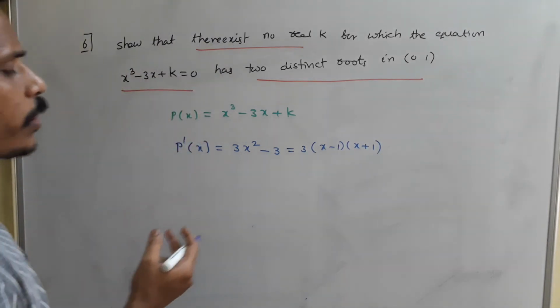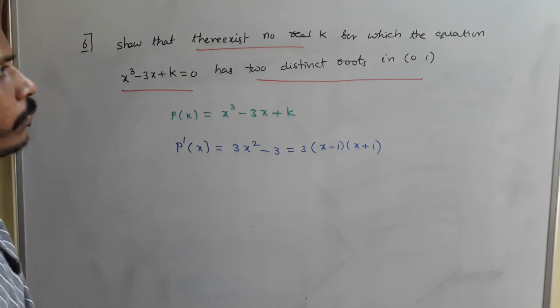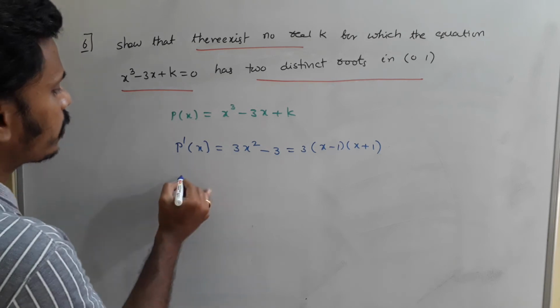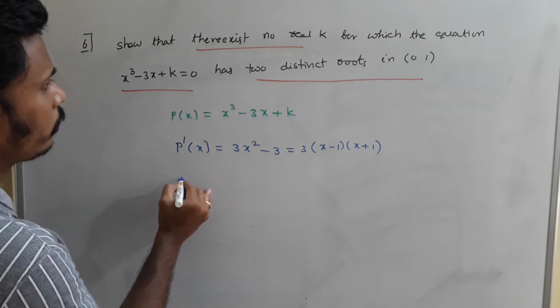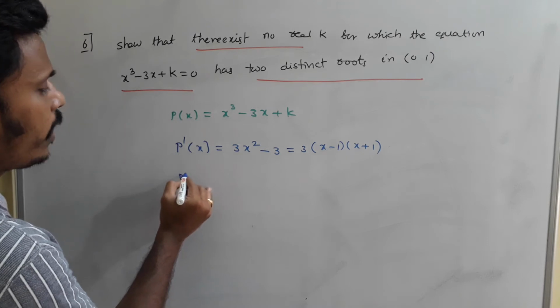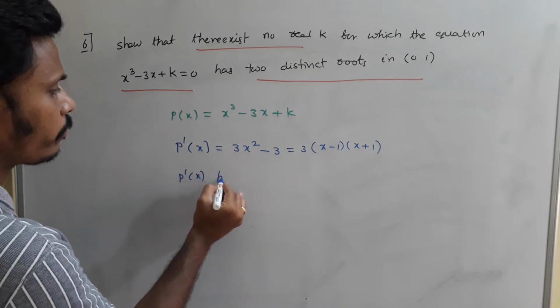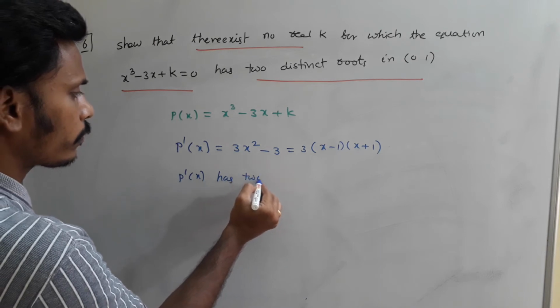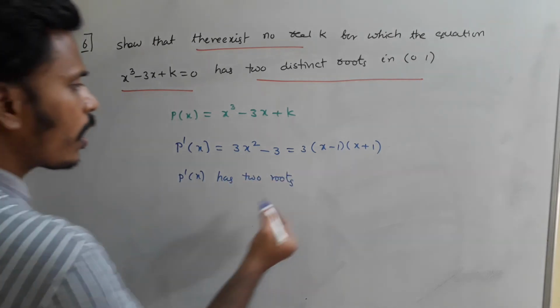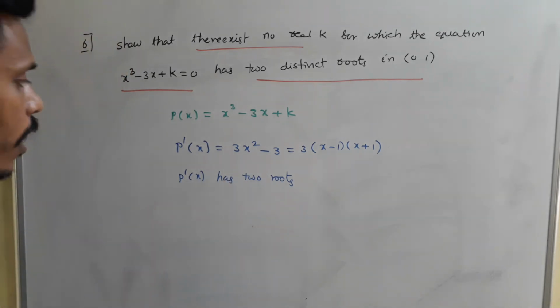What does it mean? That means p dash of x has two roots, and specifically those roots are minus 1 and 1.